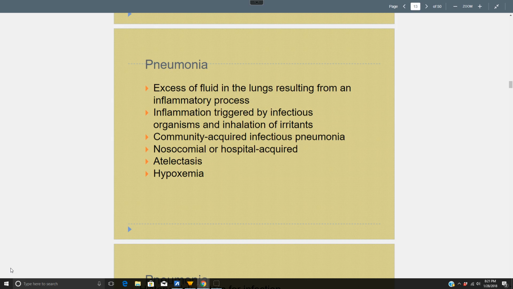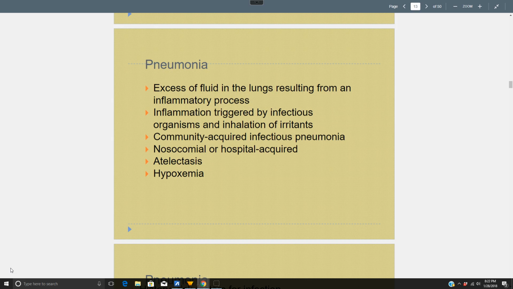What happens with this type of disease is a particular organism gets into the lungs, and the body is unable to use its defense mechanisms to rid itself of that foreign organism. So that organism gets down into the alveolar space, and it has to survive that inflammatory process.